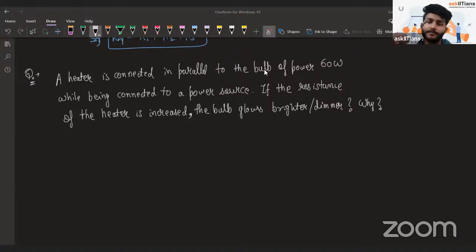No, Yasim, that's wrong. In fact, this question could be an MCQ type of question also. Just remove the word why. No, Sai, not correct. No, Aram.